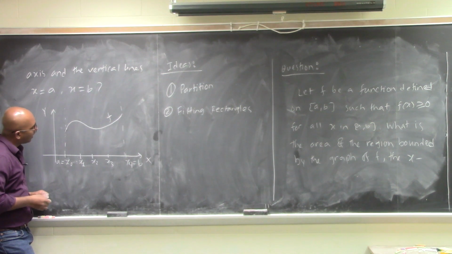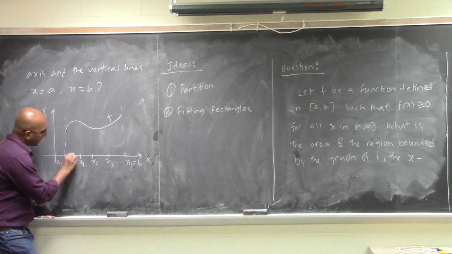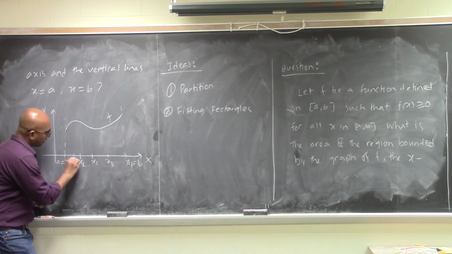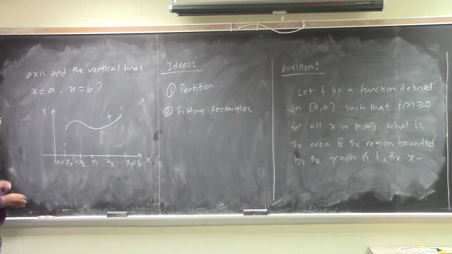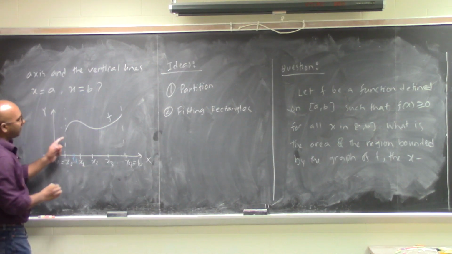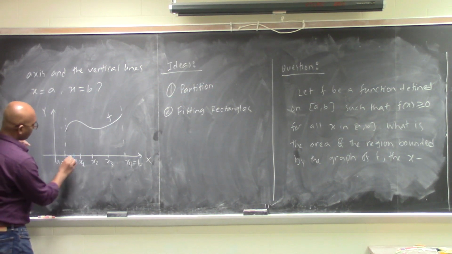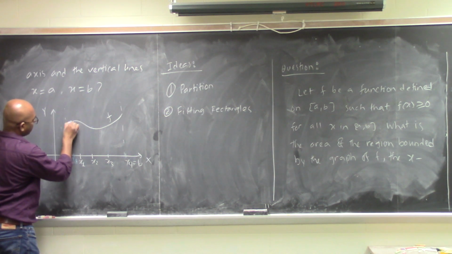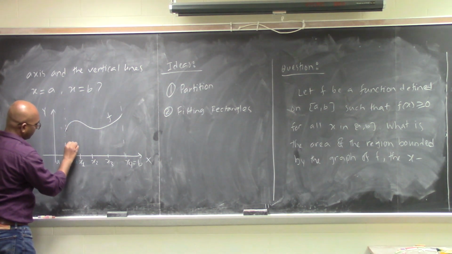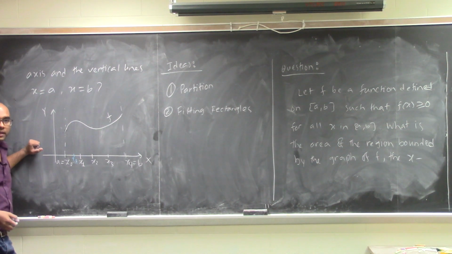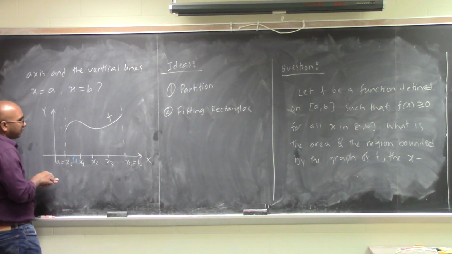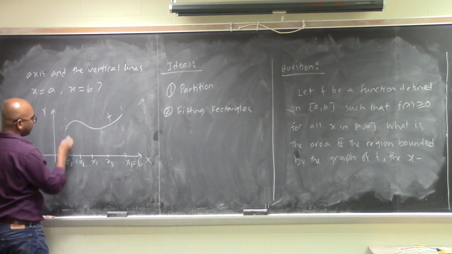So for this one, let's say I will take this one and call it t sub 1, and we will evaluate this function f at this point. So this is f of t sub 1, this height. I will take that as the height of my rectangle. So then what kind of rectangle do I get? I get this one.